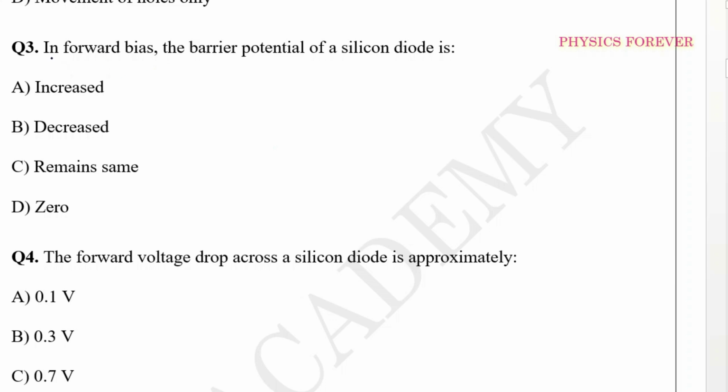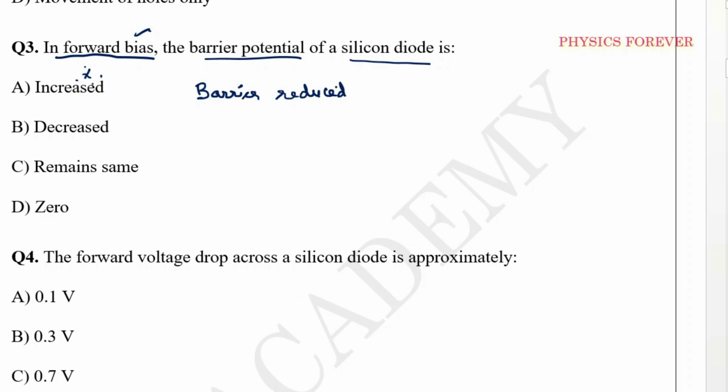Third, in forward bias, the potential barrier of a silicon diode, most important, okay? Sometimes they ask for the value. I already said in the first question that in forward bias the potential barrier is reduced.